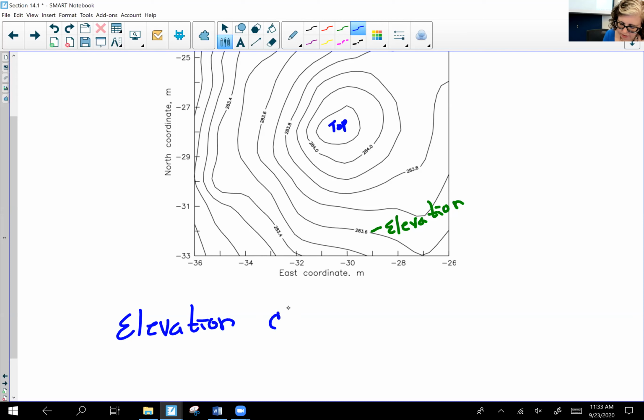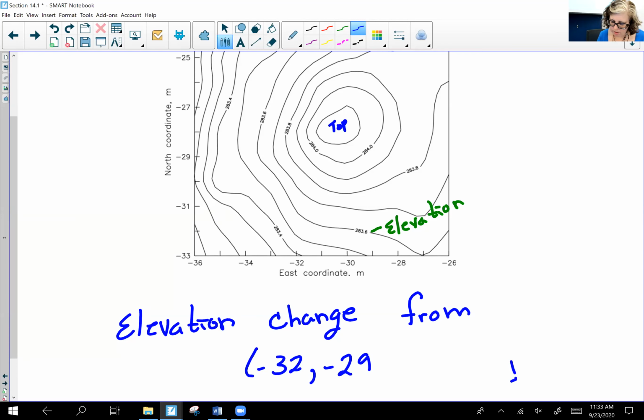All right, let's check out the elevation change from, and let's use the coordinate -32, 29. And let's look at another coordinate, -29, -28.